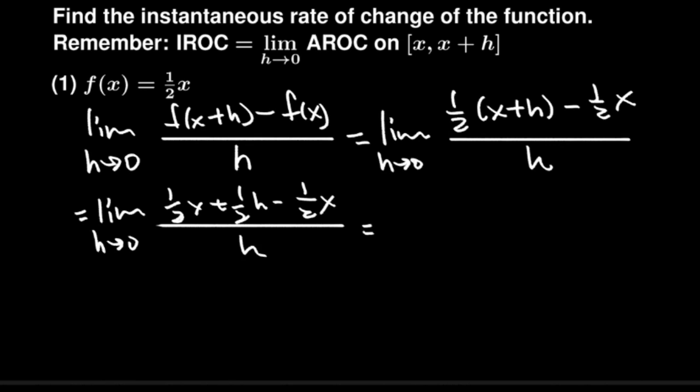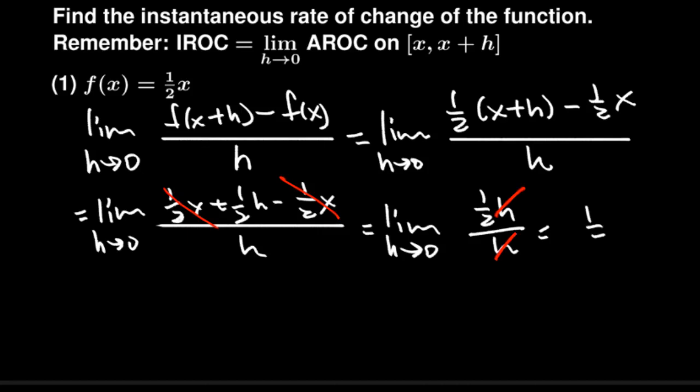So the 1/2 x's will subtract out, then we just get the limit as h approaches 0 of 1/2 h over h. Now the h's will divide out, and we just get a half. This should actually make perfect sense because this thing's a line with slope 1/2, right? So it makes sense then that the rate of change at every single point, which is the instantaneous rate of change, is 1/2.